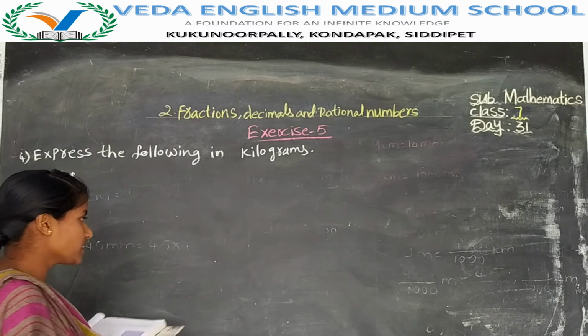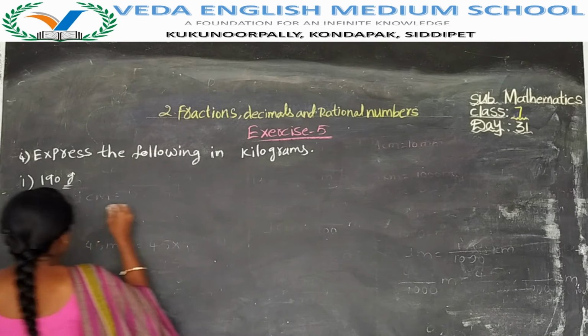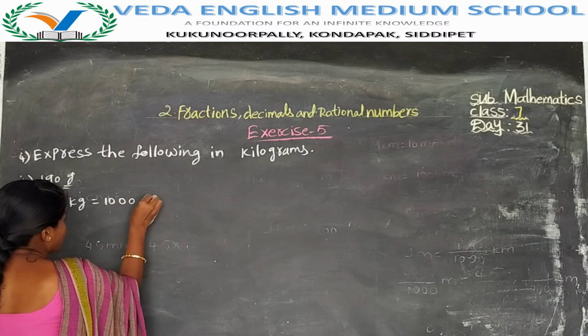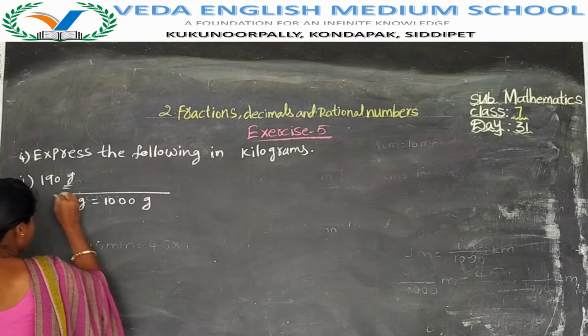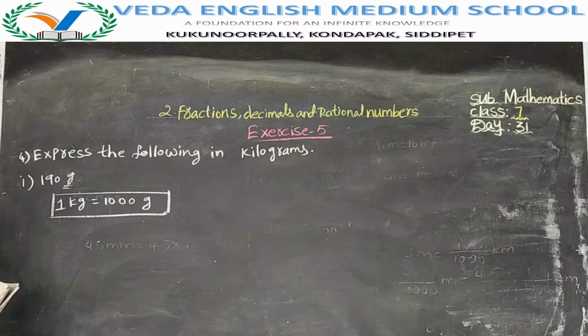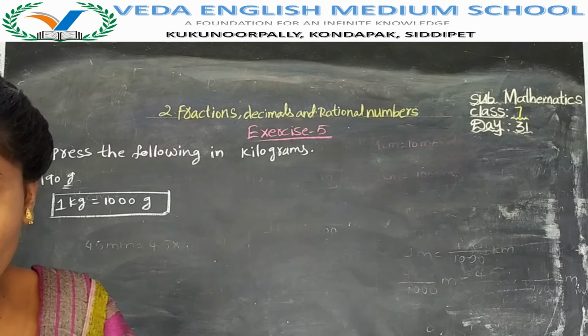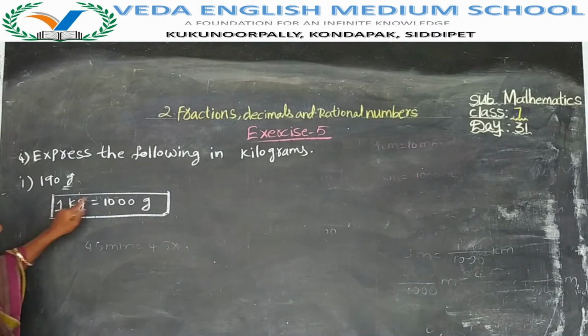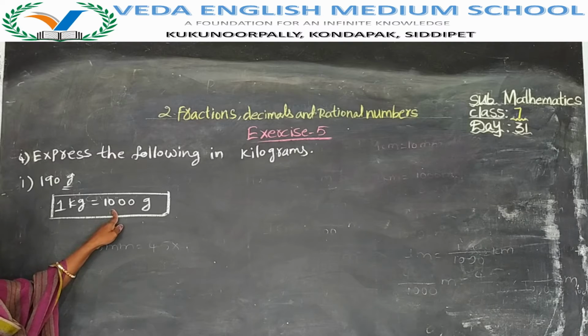Here they have given 1 kg is equal to 1000 grams. Now they have given the quantity in grams, and we have to convert grams into kilograms. Remember one thing: when you convert a smaller quantity into a greater quantity, you have to go for division.